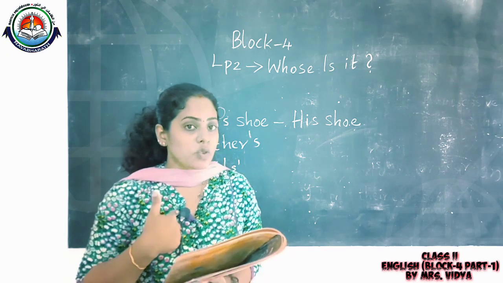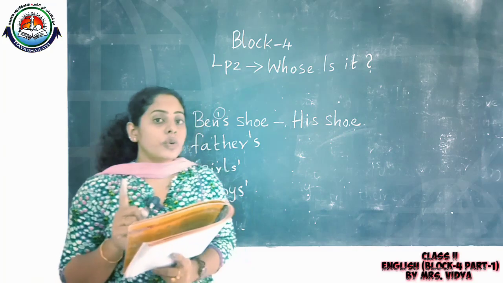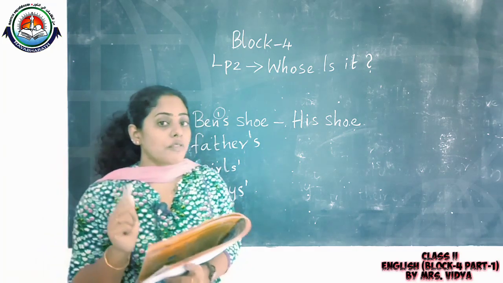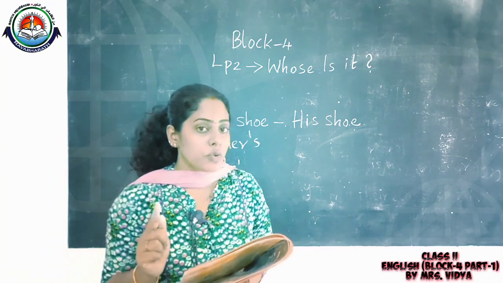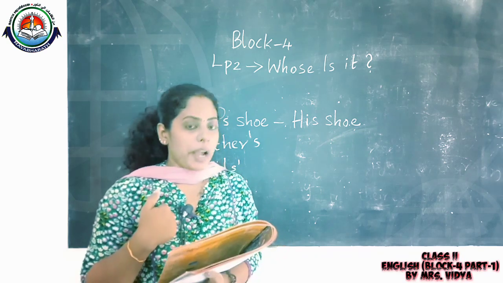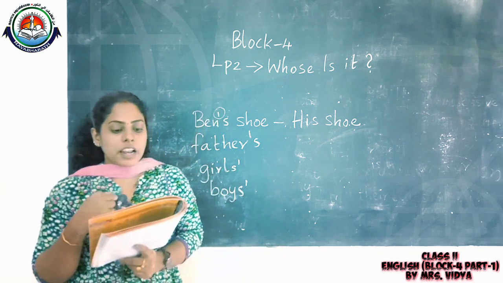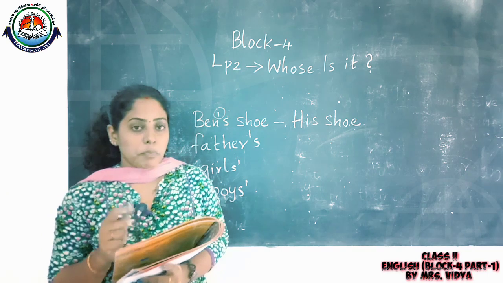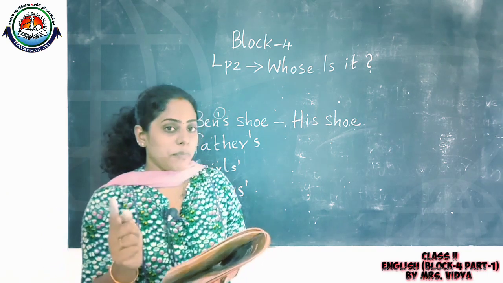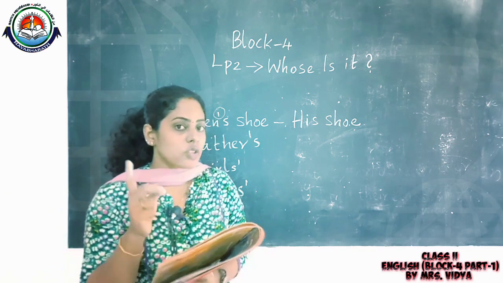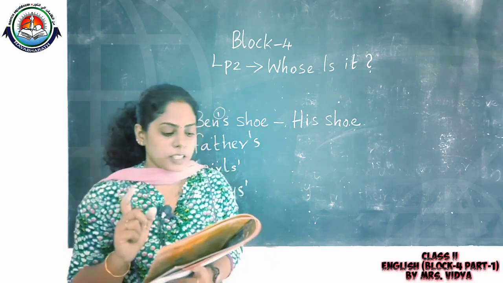So which possessive pronoun do we have to use? Yes, my. My sister and I have a cat. My sister and I, both. So which pronoun? Our cat.